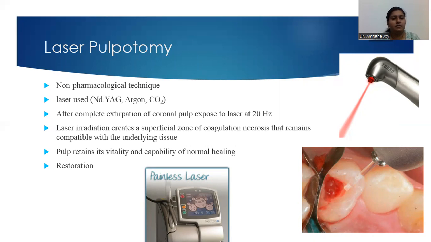After complete removal of the coronal pulp tissue, the laser is used at a frequency of 20 Hz. The laser radiation creates a superficial zone of coagulation necrosis, and thus hemostasis is obtained. The pulp retains its vitality and is capable of normal healing.